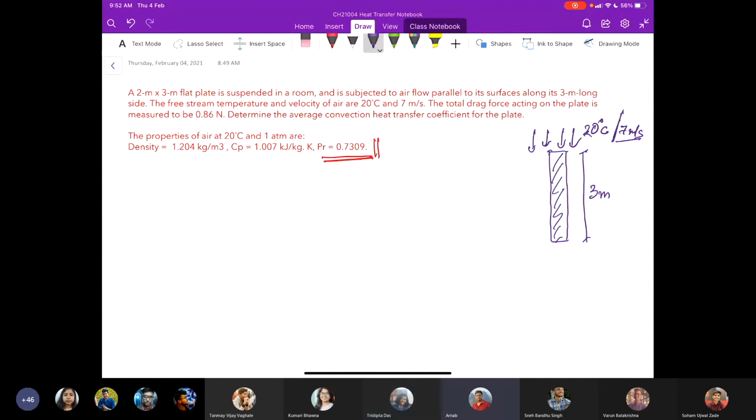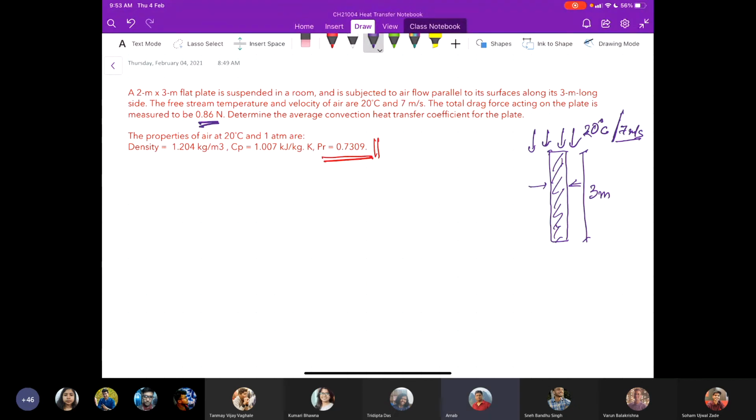We have 10 minutes for the rest of the guys who are not doing anything. So have a look at it. The problem is simple. We have a suspended plate, so on both the sides we have a friction force acting. That force has been measured and the value is 0.86 Newton.